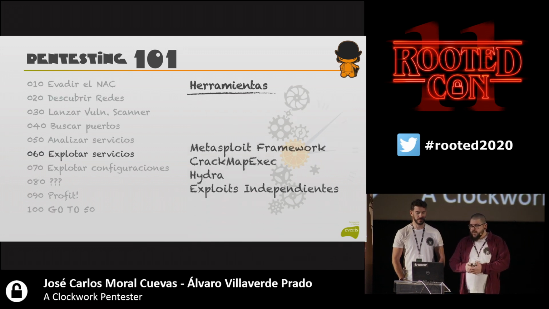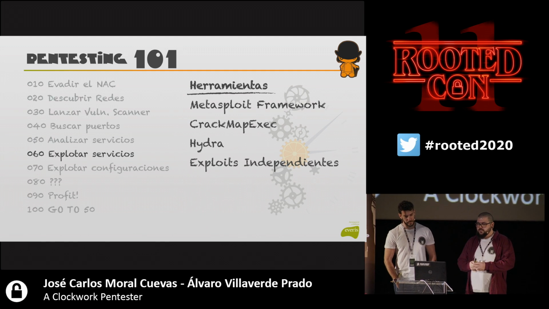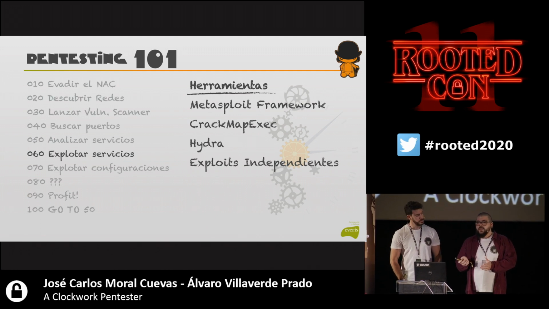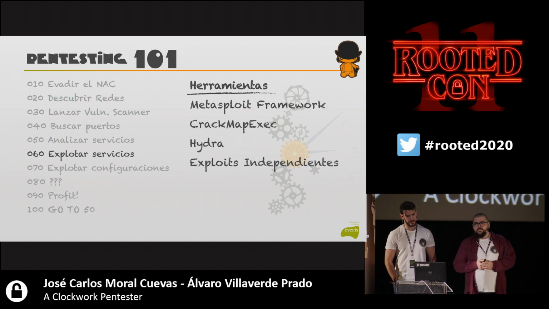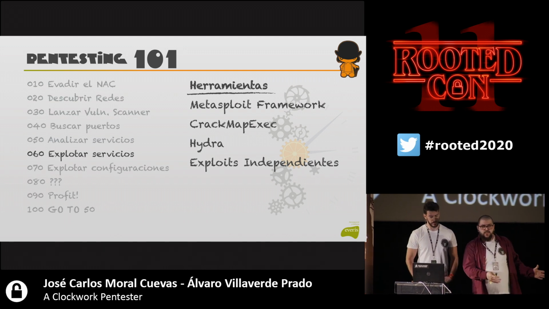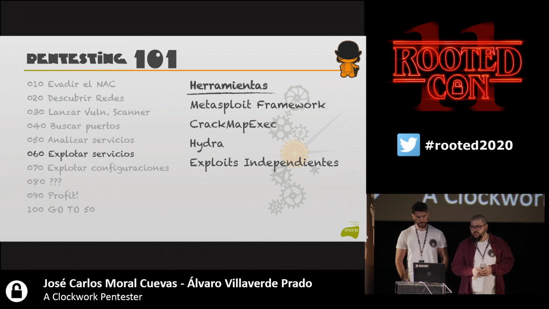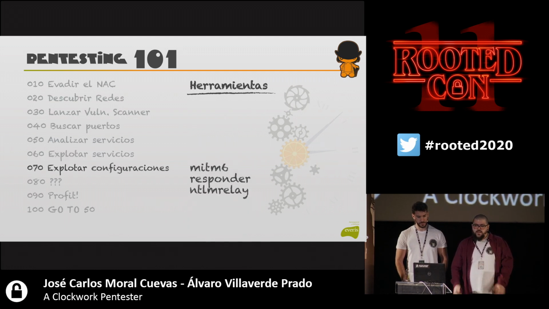Then we move on to exploiting services. For that, at the end of the day, we often use Metasploit, then CrackMapExec for Windows services, Hydra for brute force on different services, and then we use independent specific exploits that we find on GitHub.